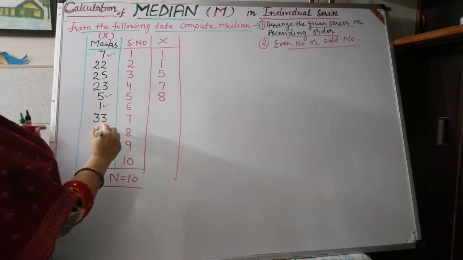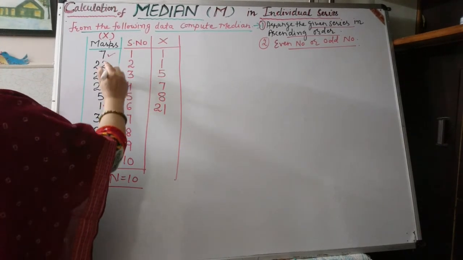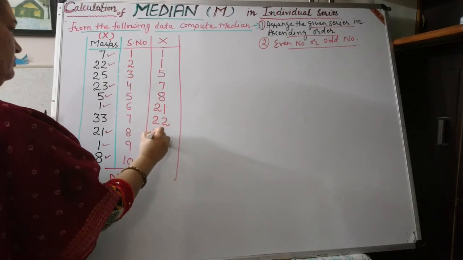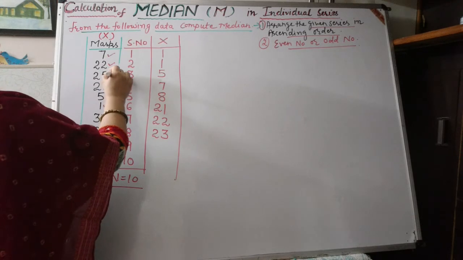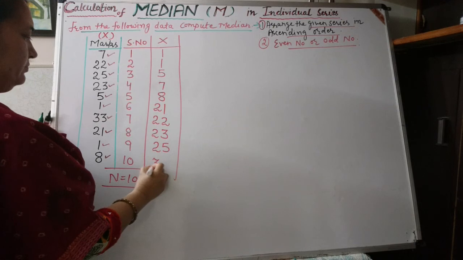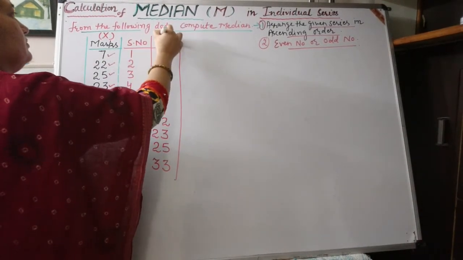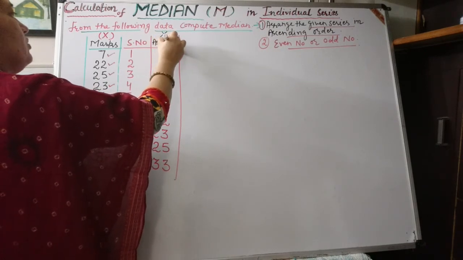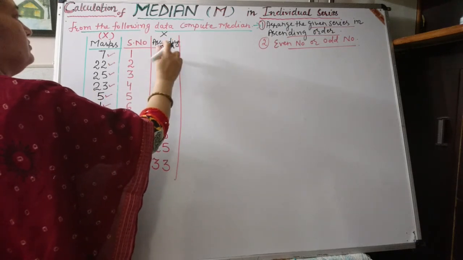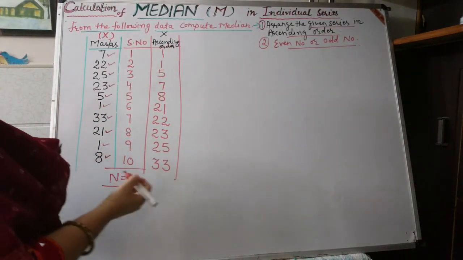Then next values 21, next 22, next 23, next 25, and the last one is 33. So we have prepared the ascending order. Without preparing ascending order, we can't do our sum.